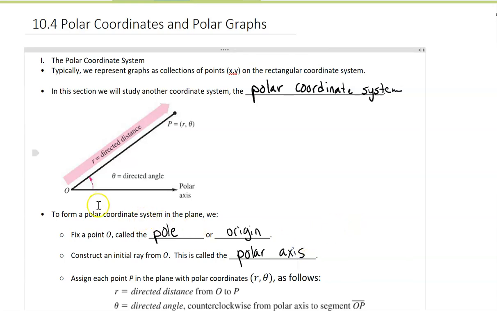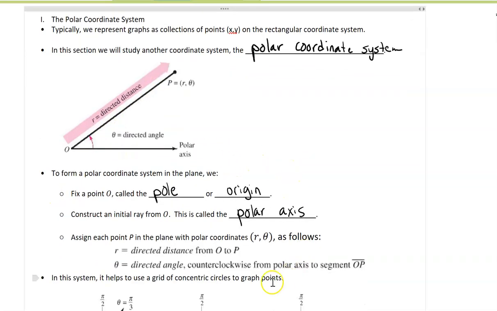And then we look at all of our points as a directed distance from the origin and a directed angle from the polar axis, going counterclockwise. So this point here, P, is represented by the distance between O and P and the angle that is formed between the polar axis and the line segment OP.